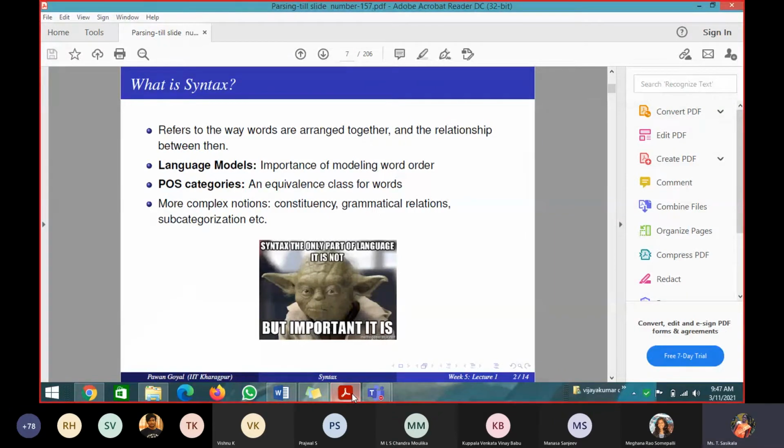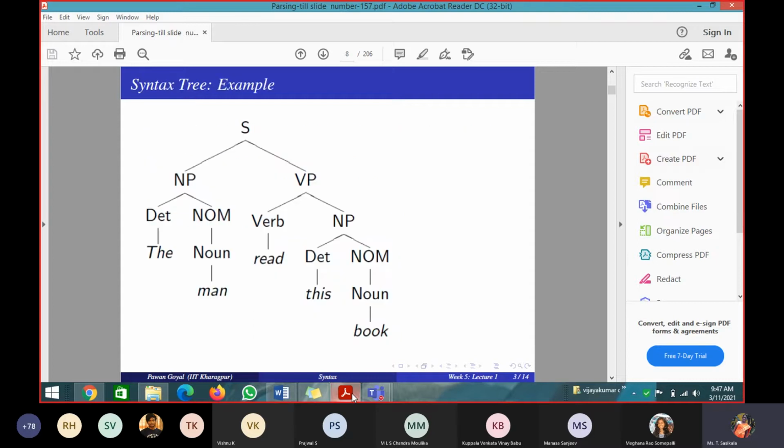Syntax is also an important part of natural language processing. Why? Because whatever we say is not always correct. If you put it in written format, it will not give a proper sentence. So you have to take some care to arrange all the words in the proper way to make a proper sentence. This is an example of a syntax tree.